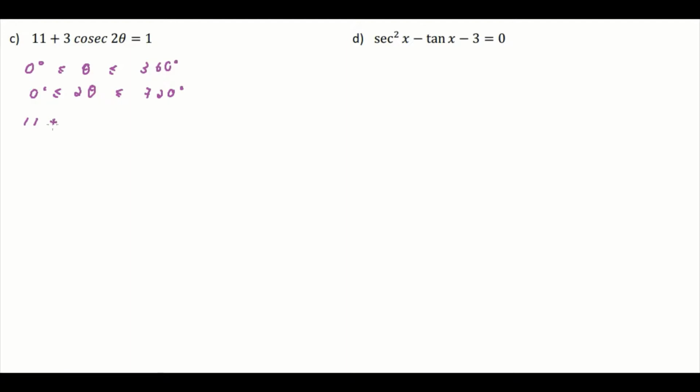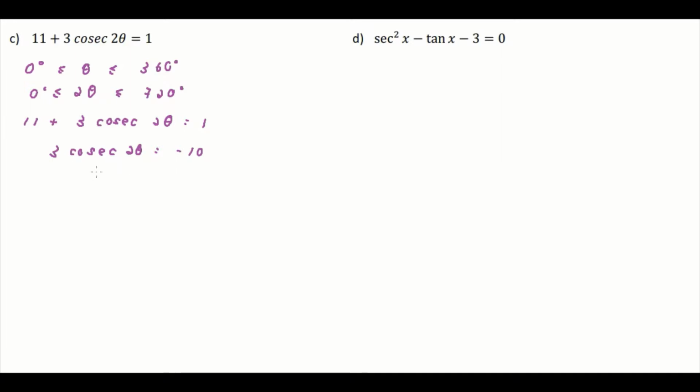So 11 plus 3 cosecant 2 theta equals to 1. So let us try to simplify it and rearrange the whole equation. So we have 3 cosecant 2 theta equals to 11 over here, then you get negative 10.